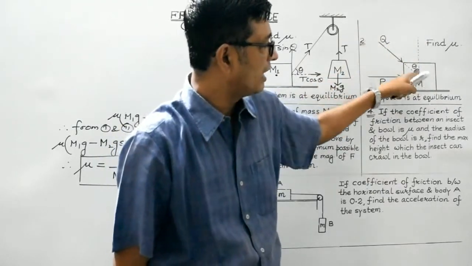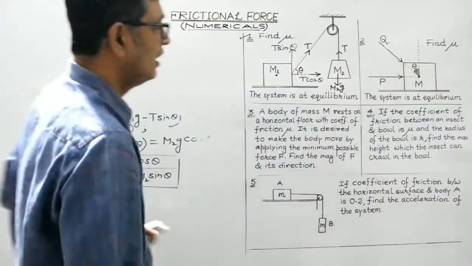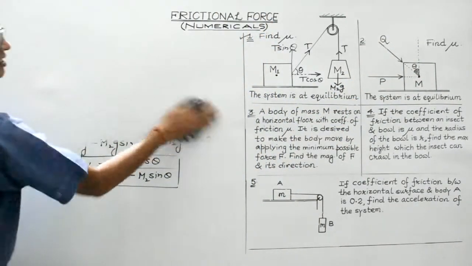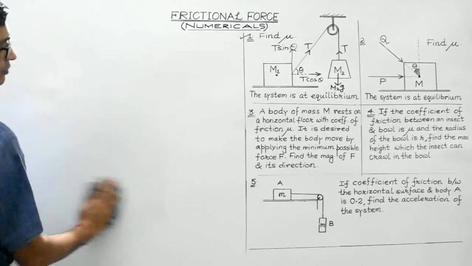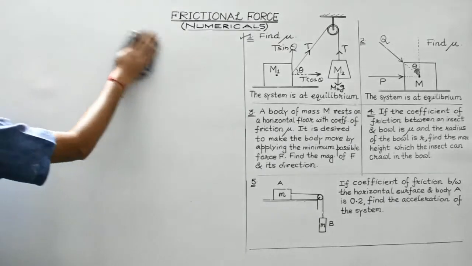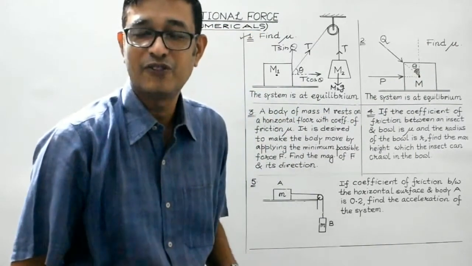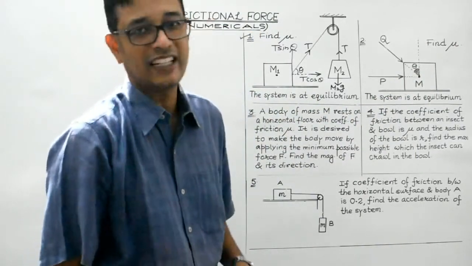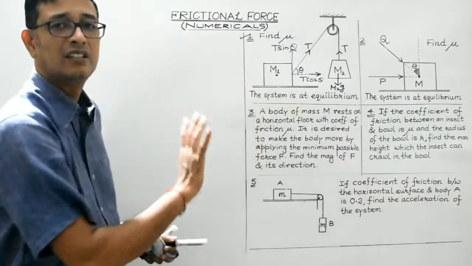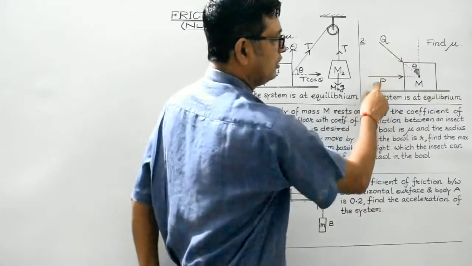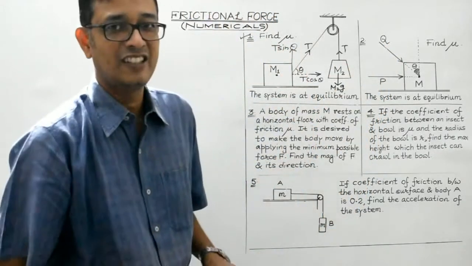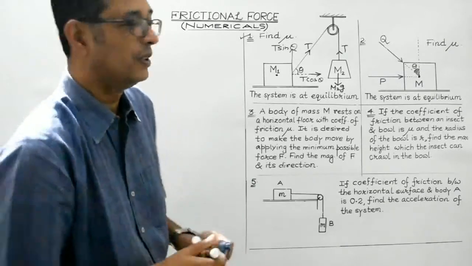Force Q is making an angle theta with the vertical, right? And it is given that the system is at equilibrium. So we are supposed to find out the expression for the coefficient of static friction, right? The body is at rest and under the influence of these two forces the body remains at rest. So the body is at equilibrium.